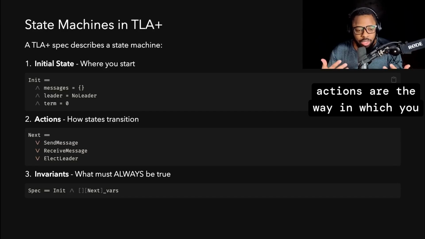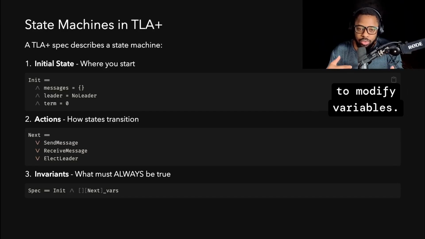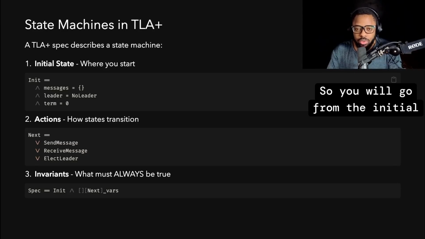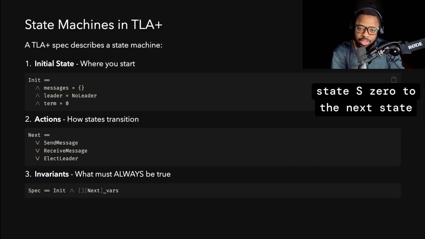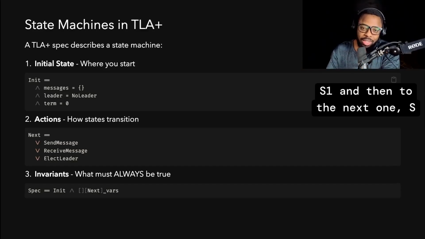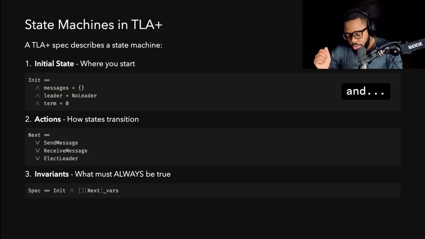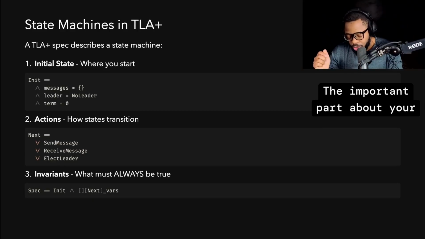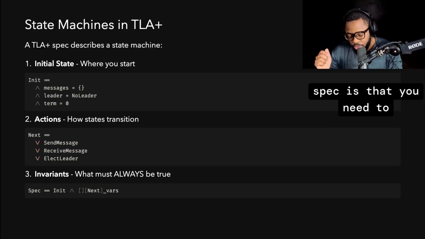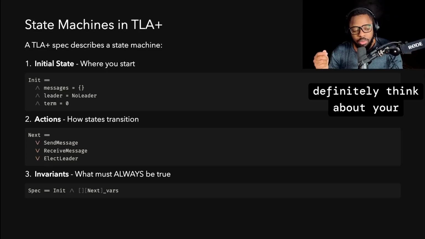Actions are the way in which you are able to transition to modify your variables. So you will go from the initial state S0 to the next state S1, and then to the next one S2, and so on. And the important part about your spec is that you need to definitely think about your invariants.